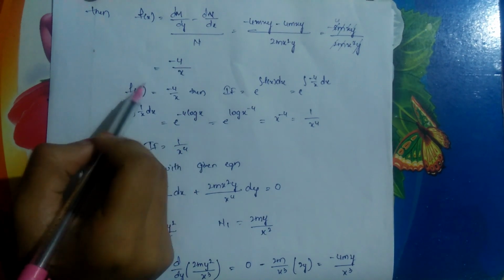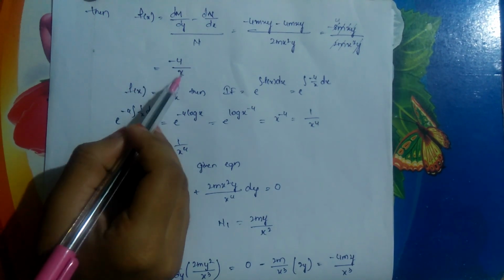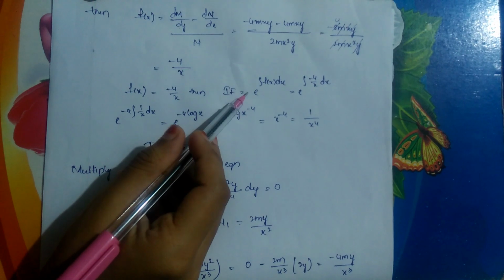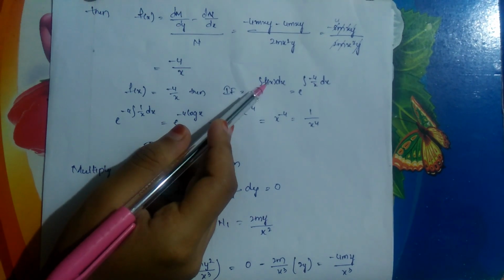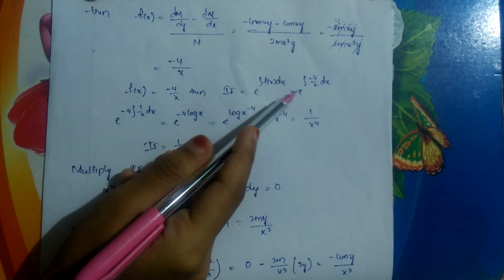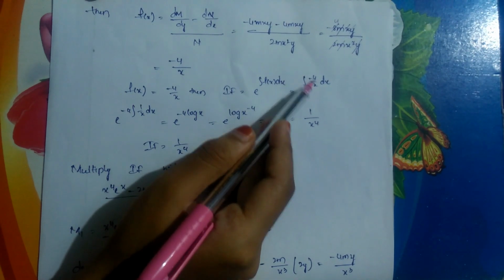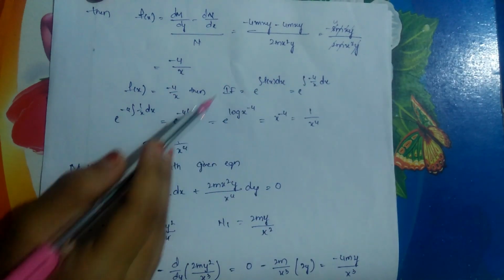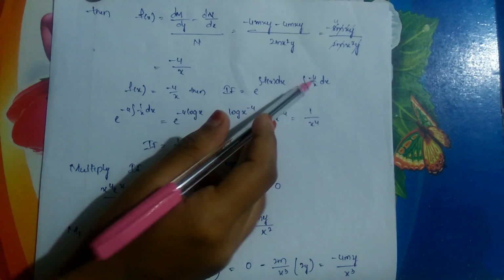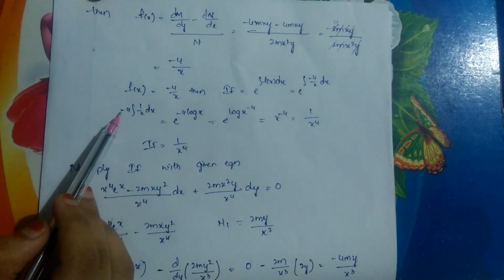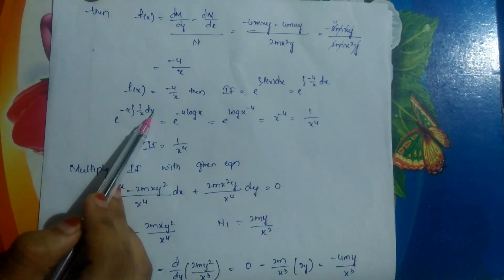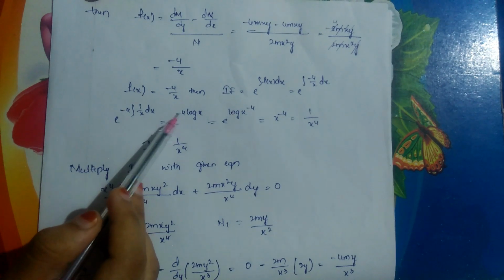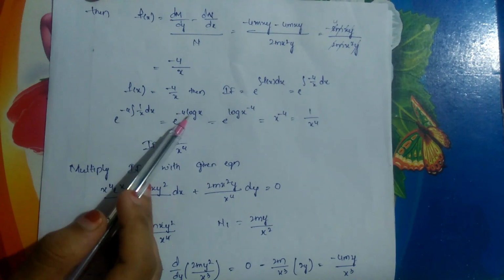But as of now f of x is equal to minus 4 by x, so the integrating factor will be e power integral f of x dx, that equals e power integration of minus 4 by x dx. The minus 4 comes outside of the integration, so e power minus 4 times integration of 1 by x dx, and integration of 1 by x is log x.